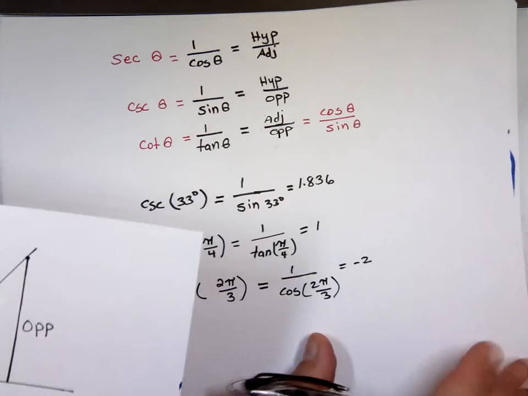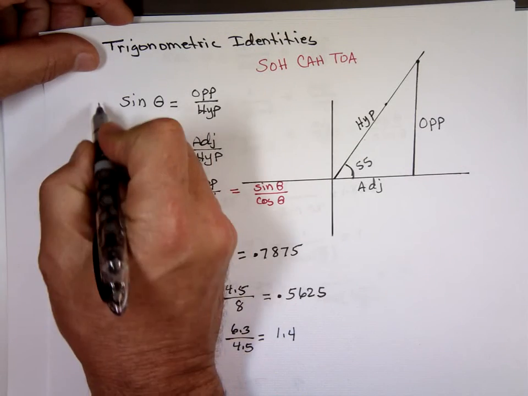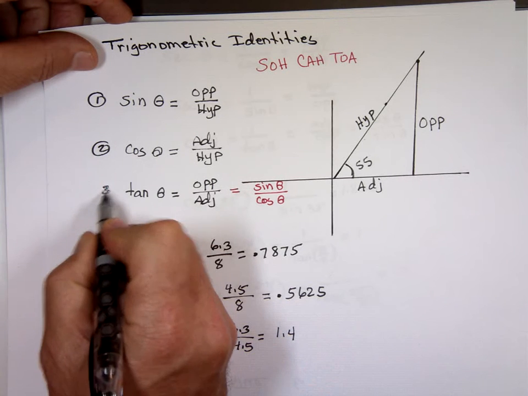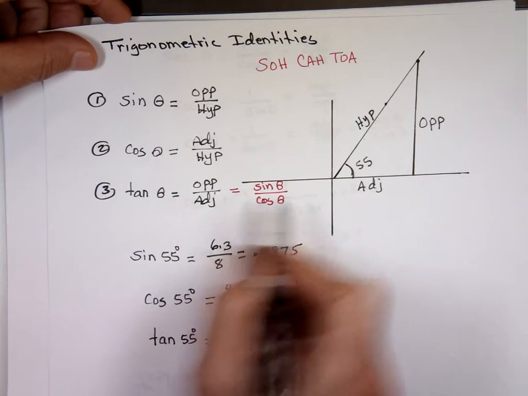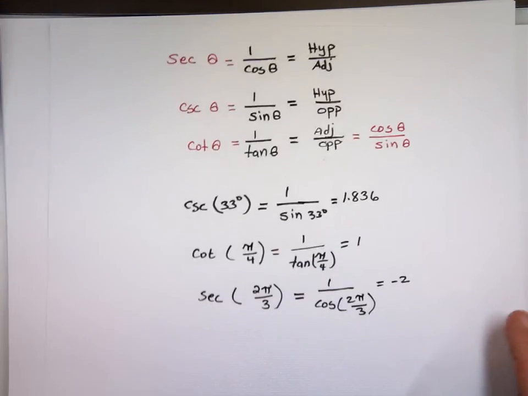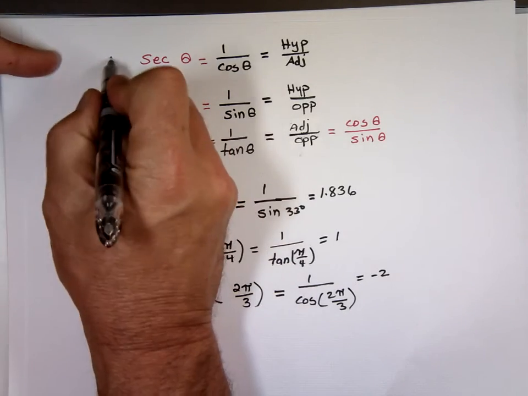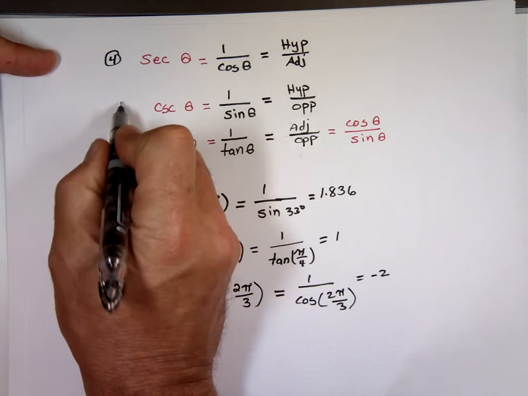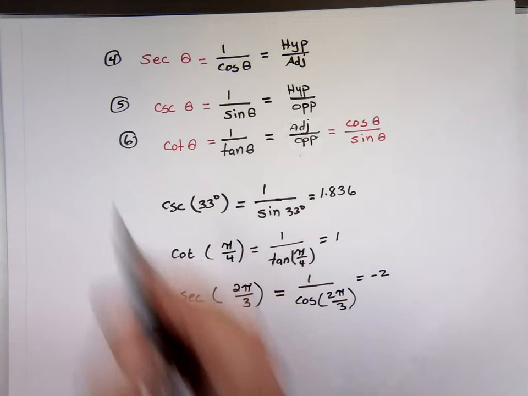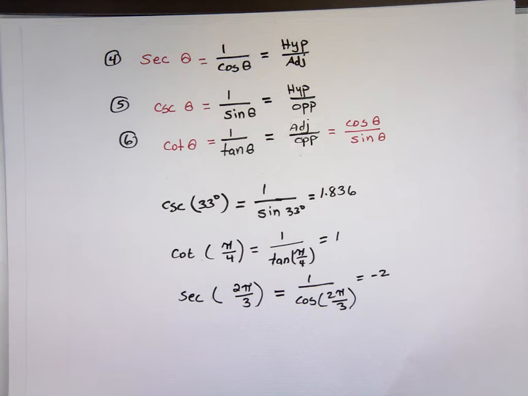So there's the first set of identities we need to know. If I was to number them, this is number 1, number 2, number 3. The tangent is the sine over the cosine. Number 4, number 5, and number 6. They are on the board. Can you see them? First 6.